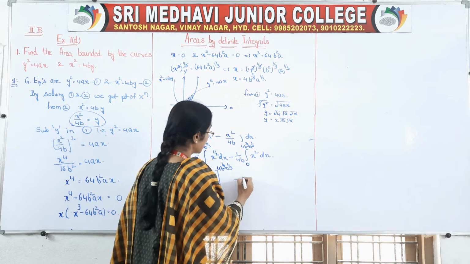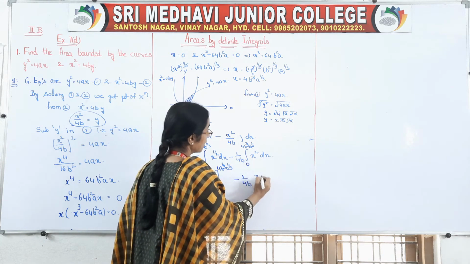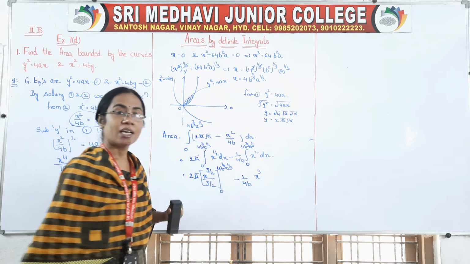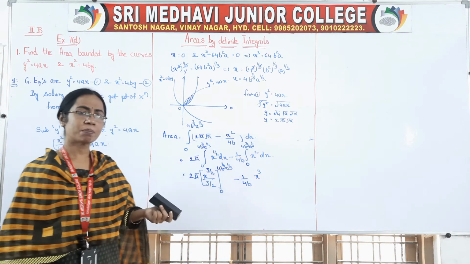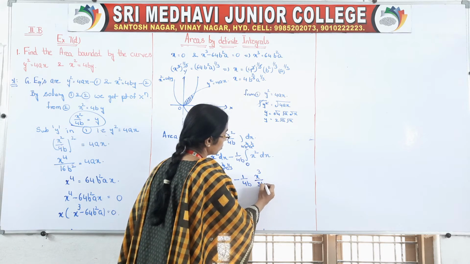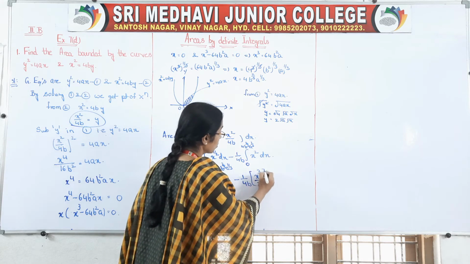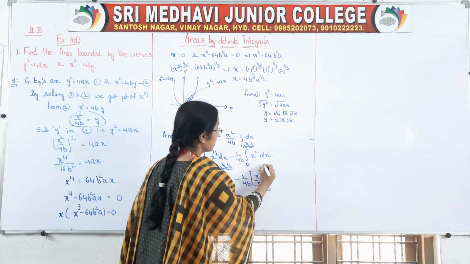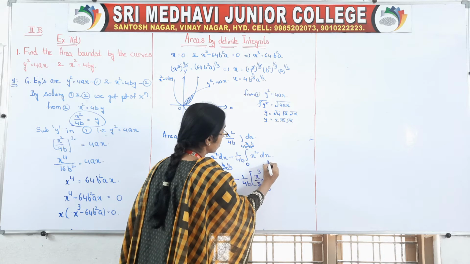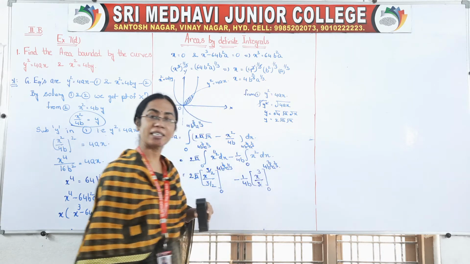Minus 1 by 4b, and what is this? This is the integral of x to the power of n, n plus 1 by n plus 1, 2 plus 1 by 2 plus 1, that is x cube by 3, right? So you take the limits 0 to 4 b to the power of 2 by 3 a to the power of 1 by 3.